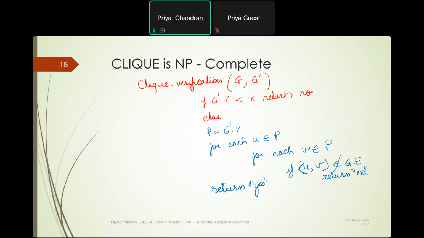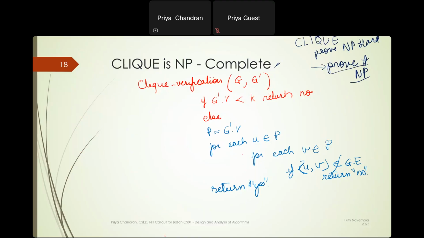So because CNF SAT was polynomial time reducible to the clique problem, clique has been proved NP hard. Now to prove that it is NP complete, we need just one more thing. What is that? It is that we have to prove it is in NP. And proving it in NP is something very, very easy.